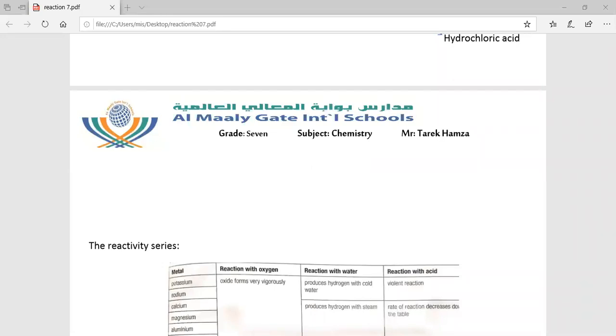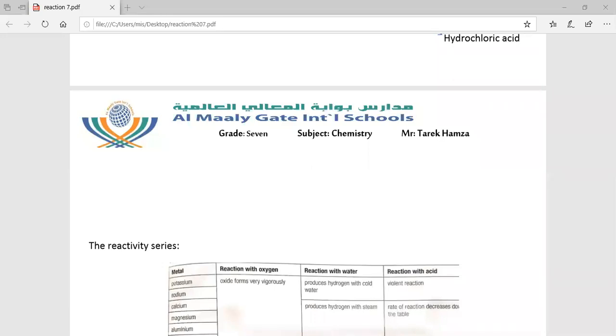Figure 10.5. Okay. Anyone has any question?